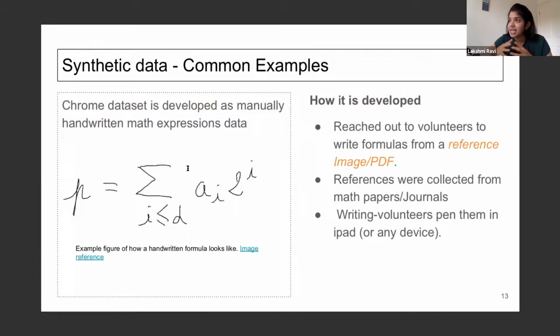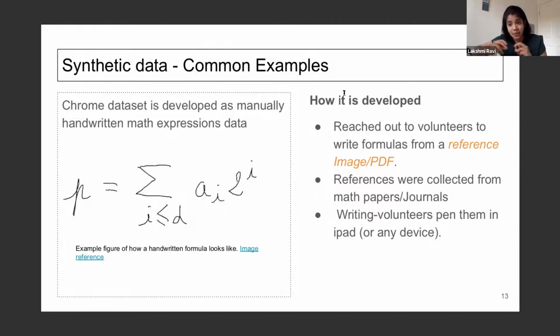The other category of data is synthetic data. So when we start, one element of synthetic data is that you don't have the necessary data set readily available to us. So how do you manipulate the data set is the synthetic data.